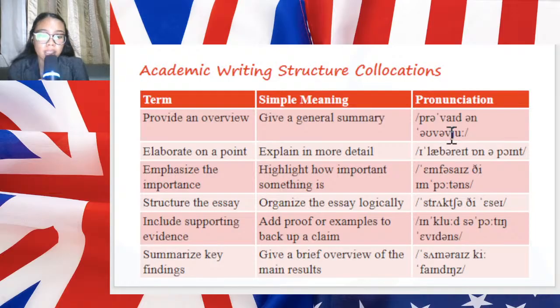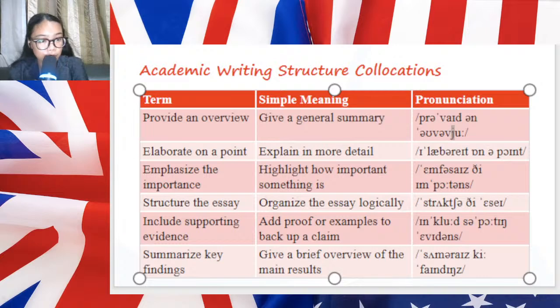It's using the sound of the letter Y. This is the symbol of the letter Y sound, right? We are familiar with that. I mentioned that yesterday. So we say this word as overview, with the emphasis on the first syllable. If we try to put it together, we get provide an overview. Again, provide an overview. All right.